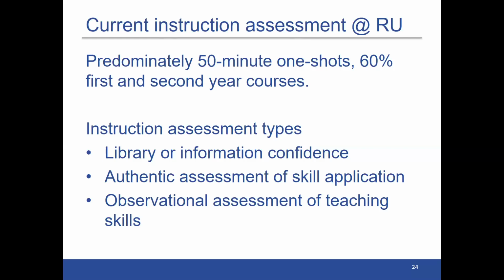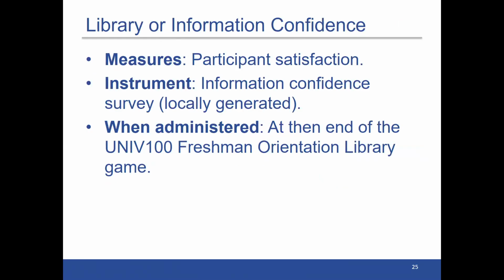And generally the instruction assessment types cluster in things we want to know, outcomes we want to know. We're looking at library or information confidence. We're looking at authentic assessment of skill application. And then we do observational assessment of teaching skills. So I'll give you a little more detail about these so you have a better idea what I'm talking about.